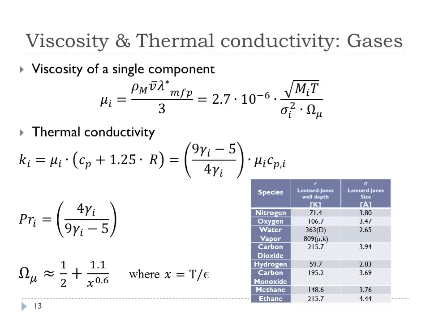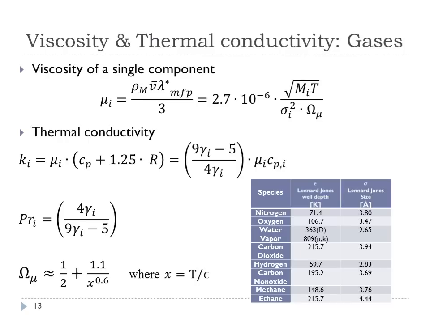The equation in variable form is that the dynamic viscosity of a gas is equal to the mass density times the velocity times the mean free path of collisions, divided by 3. For gases, you can solve that this is roughly equal to 2.7 times 10 to the minus 6 times the square root of the molar mass of the gas times the temperature. That's all in the square root.